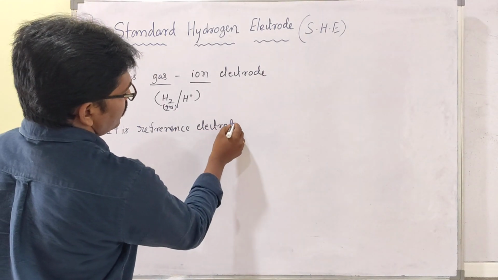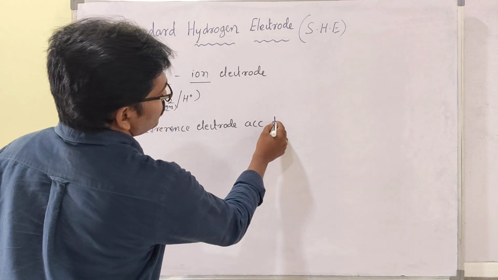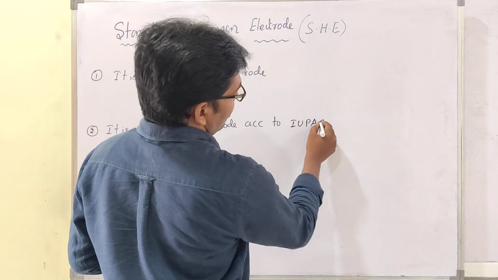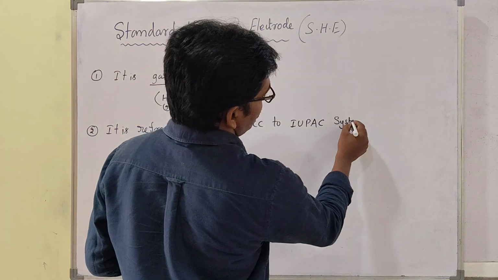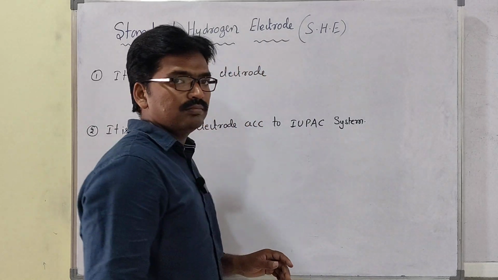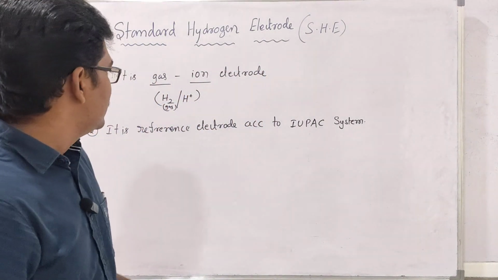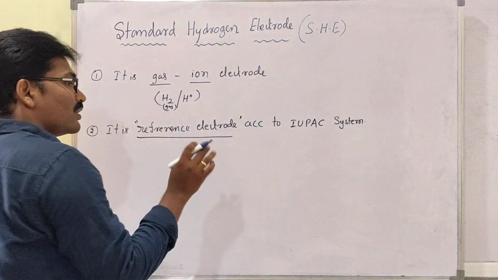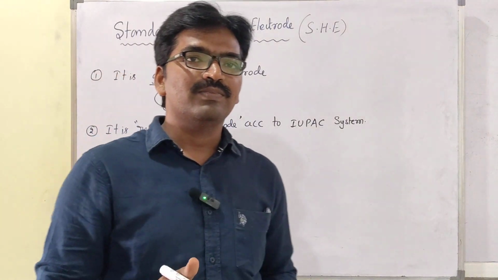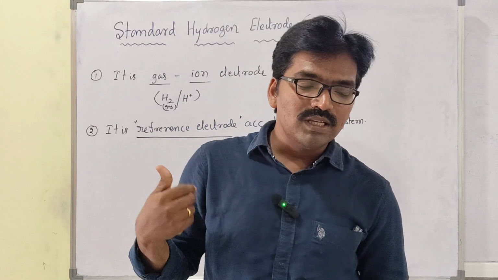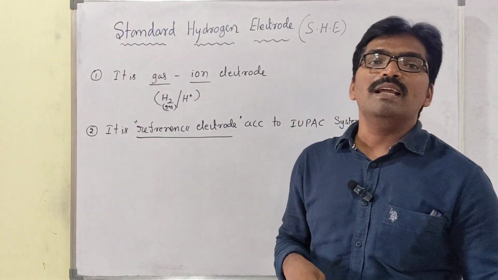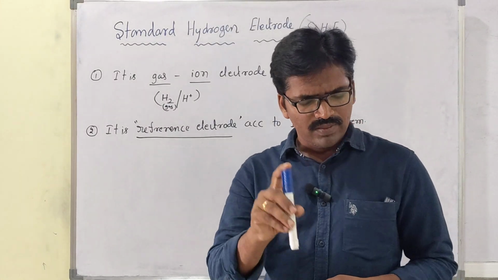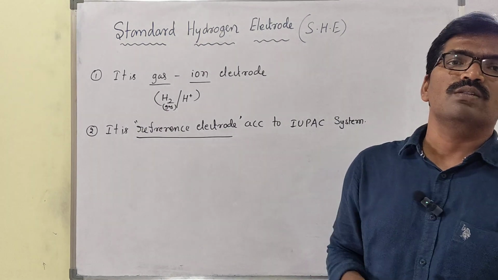A reference electrode is one by which, using this electrode, we can find out the remaining electrode potential values. That's why we call it a reference electrode.